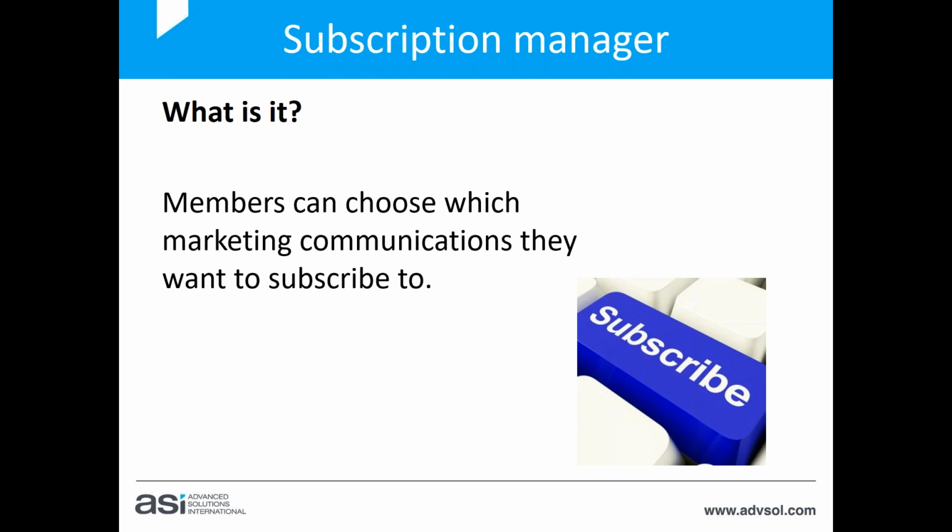That doesn't work for a lot of people because they might want to receive emails for newsletters, but not policy information, or they want to know what events are coming up, but they don't want all the training information. There might be different subscriptions that they want to receive information on.